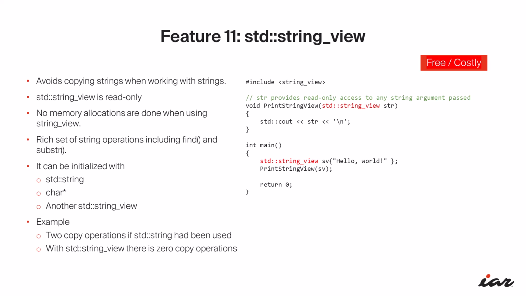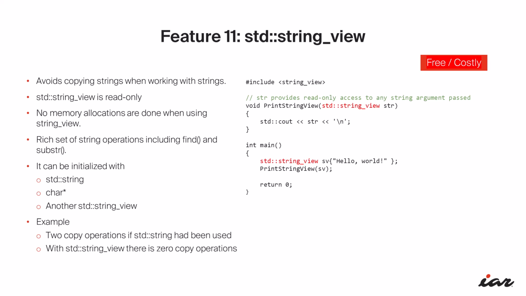You have a similar set of string operations, including find and substrings, etc. You can initialize a string_view with a standard string or a char star or another string_view. In the example to the right here, we have a function that takes a string_view argument and then it prints that to standard out.